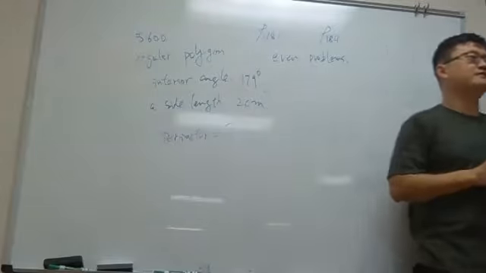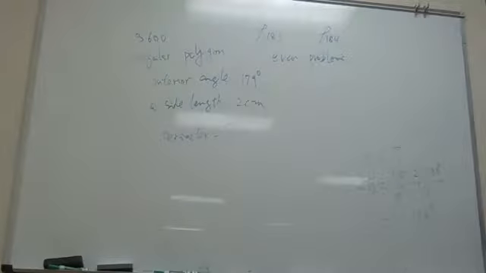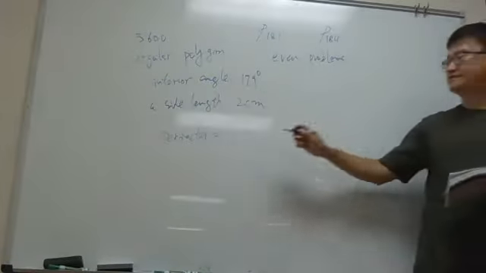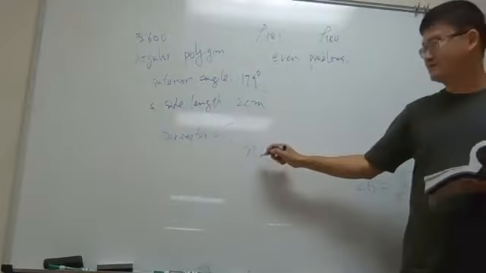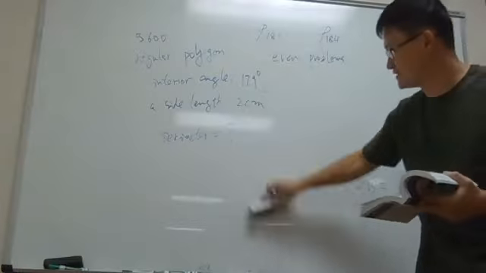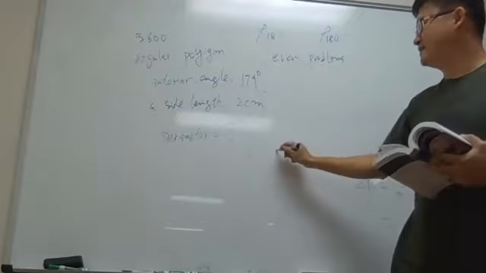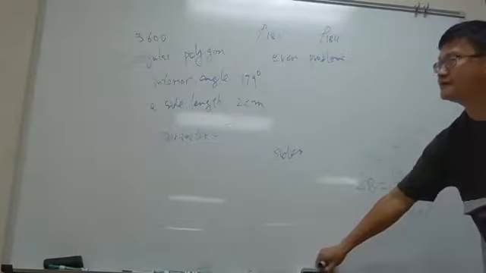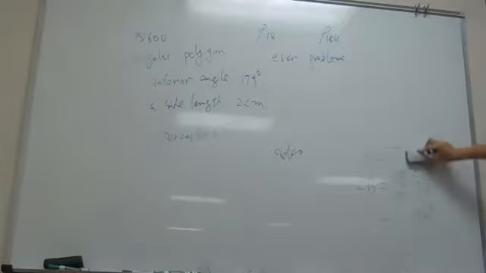Okay, so how do you solve this kind of problem? How do you decide how many sides there are for this polygon? If the interior angle is 179, let the number of sides be x. Yeah, let's call it n. N is better, right? So again, we can call it x. Yeah, let's go with x. It doesn't really matter. So let's say it has x sides, right?